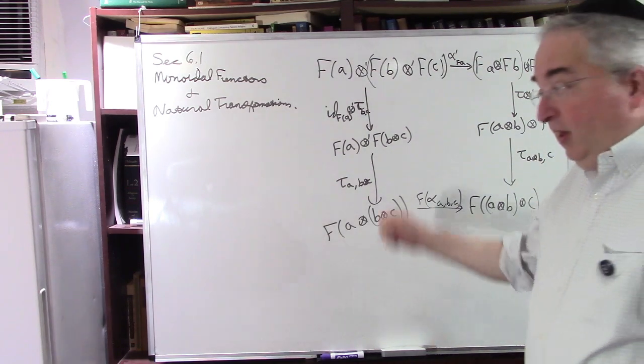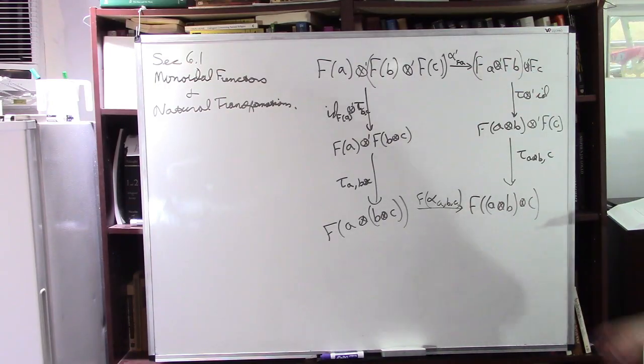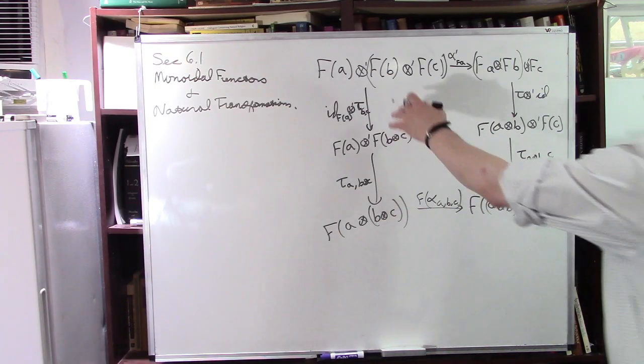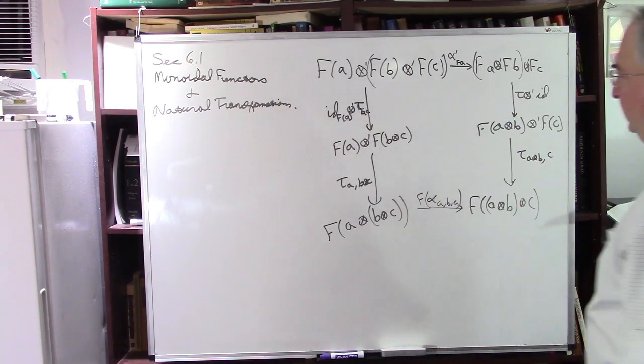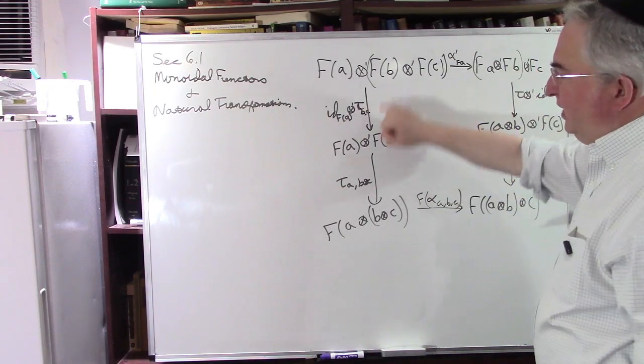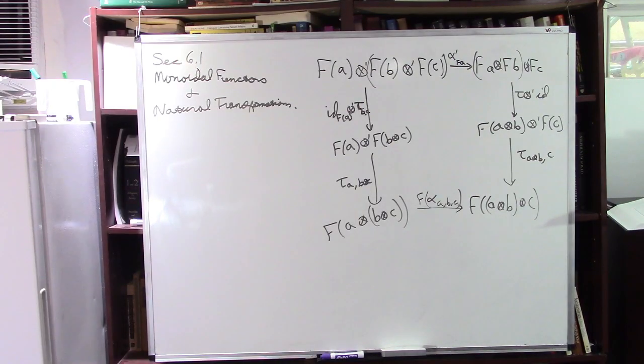So this is called the hexagon coherence condition. It's a hexagon coherence condition. 1, 2, 3, 4, 5, 6. There are 6 things. Hexagon coherence condition on monoidal functors. Okay, and basically what it's saying is that the alphas have to get along with the taus. Okay, so that's very nice.